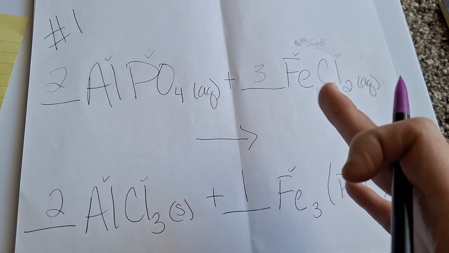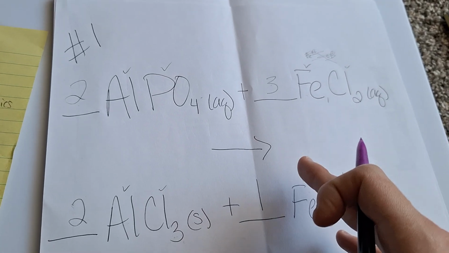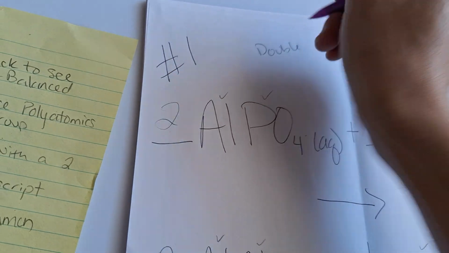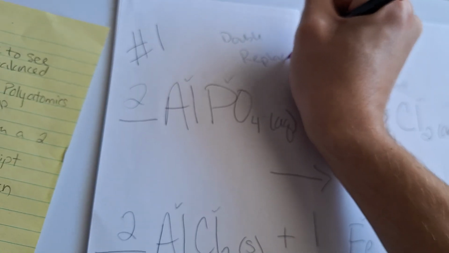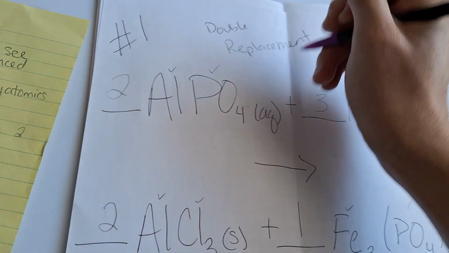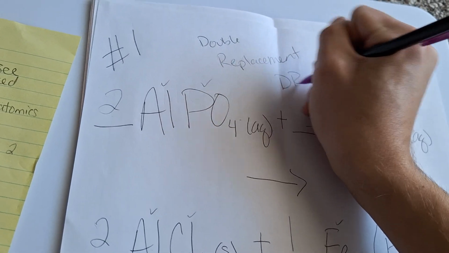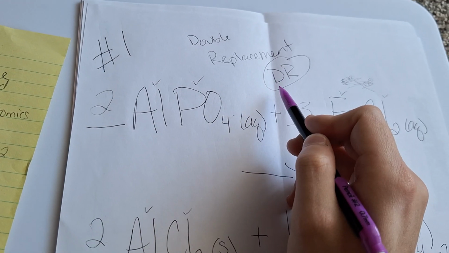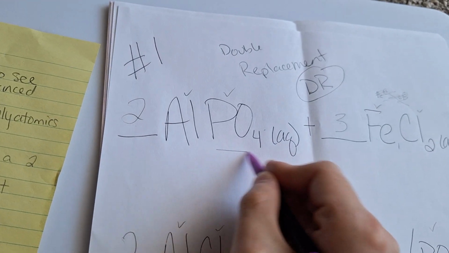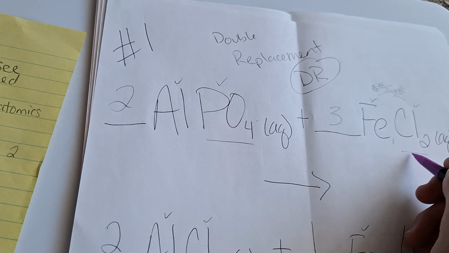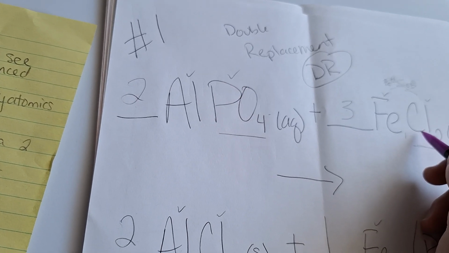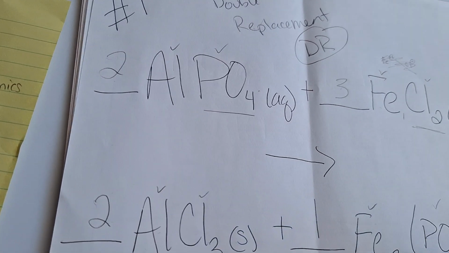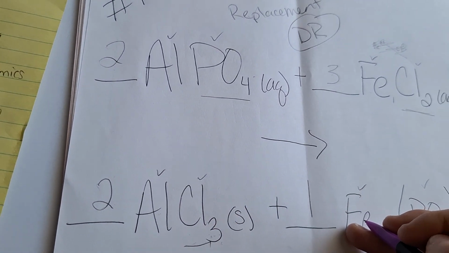The type of reaction that this is, we would refer to as a double replacement, commonly referred to as DR. We know that it's double replacement because if we look at the phosphate and the chlorine on the reactant side, they swapped places. The aluminum and iron stayed the same.